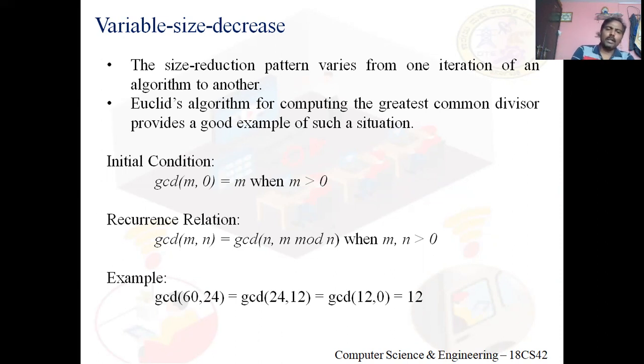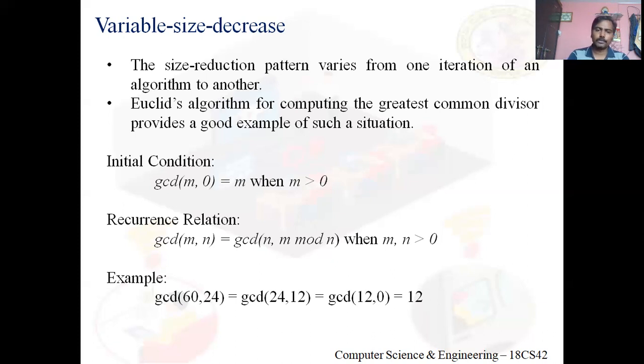So next, this recurrence will continue. Simplification continues. The second argument of the current invocation, that is the second invocation, is 12. It becomes the first argument for the third invocation.